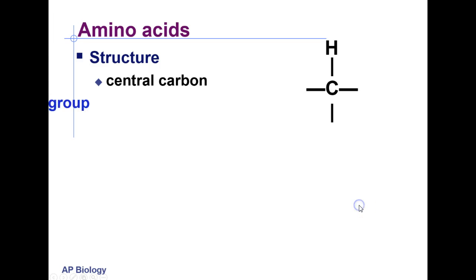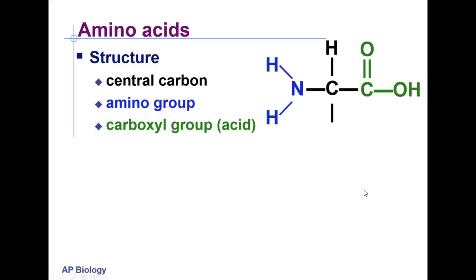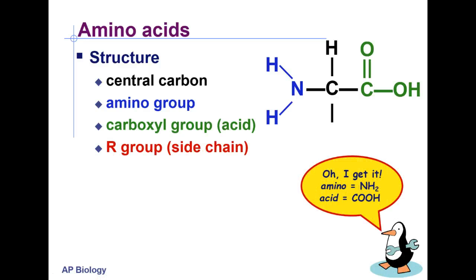Alright, so a little bit more close-up view of amino acids. There's our amino group, our carboxyl group. And then if I go back here, all amino acids have this in common. But the R group is what's different about them.